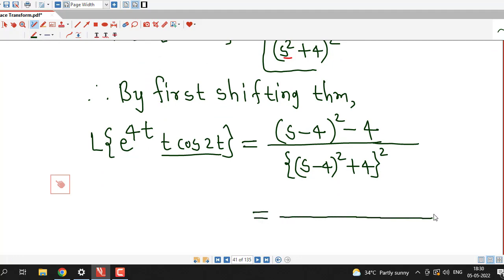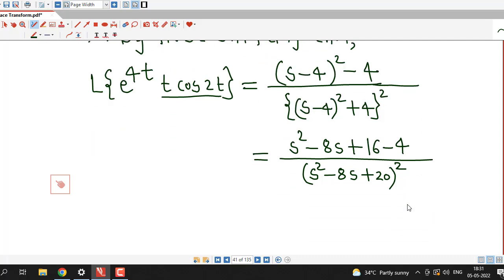So first we simplify denominator. Square of s minus 4 is s square minus 8s plus 16, plus 4, that is 20. I write directly 16 plus 4, that is 20. This is s square minus 8s plus 16 minus 4, and this is again simplified.